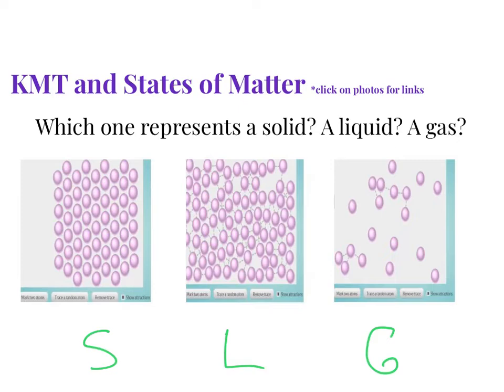And what you learned, hopefully last class, is that solids are nicely organized and very compact, not moving a lot. These are moving a little bit, sliding past each other, a little bit less dense. And finally, these are moving freely and bouncing off the wall and each other.